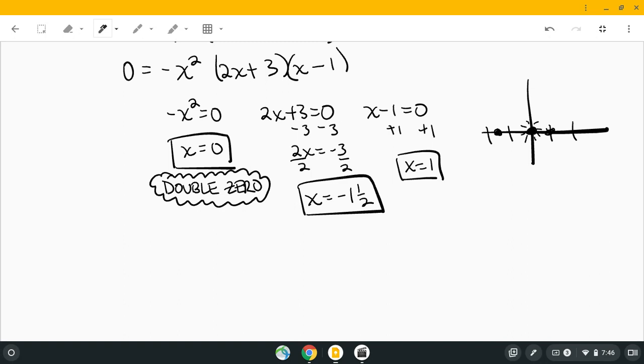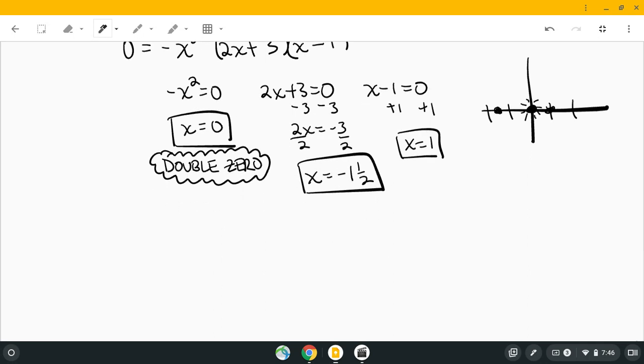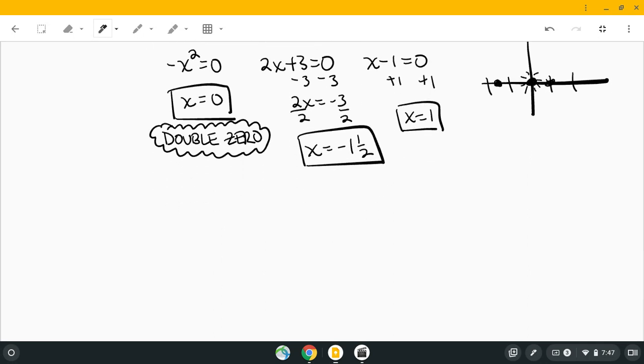All right. Let's try one more. I think it's one more. Yeah. And then we'll do graphing. Okay. All right. So let's suppose we have this polynomial.